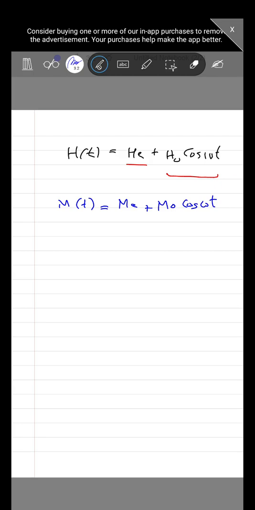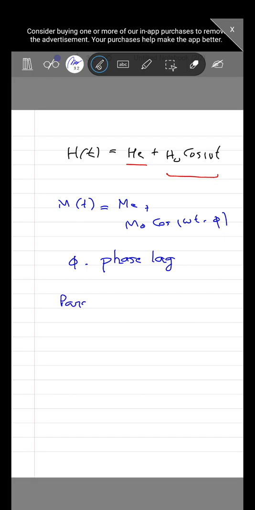However, this oscillation will have a phase lag, and it will be written as cos(omega t minus phi), where phi is the phase lag. Now this is the phenomenon which is called paramagnetic relaxation.